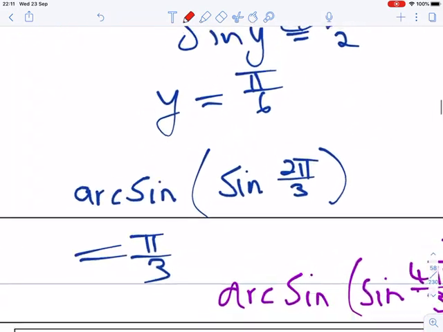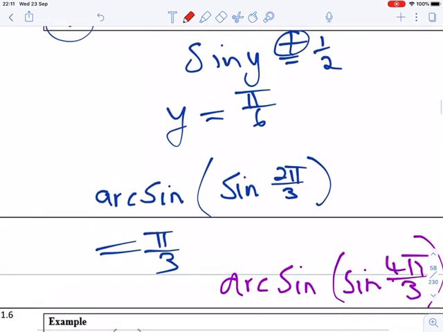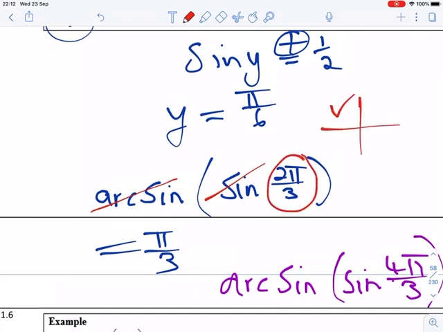So say now I ask you, what is the arc sine of sine 2 pi over 3? Okay. Now the arc sine should cancel the sine, because they are each other's inverses. But now, 2 pi over 3 is in the second quadrant, and we may not give any answer in the second quadrant.